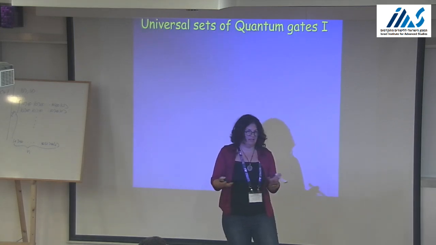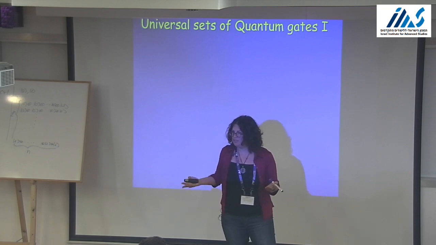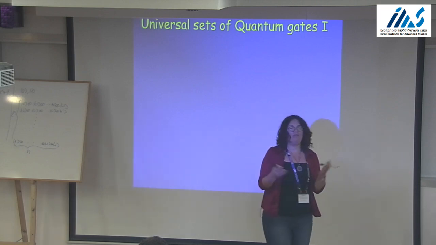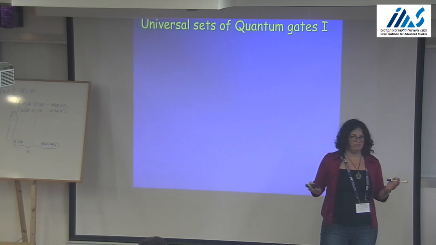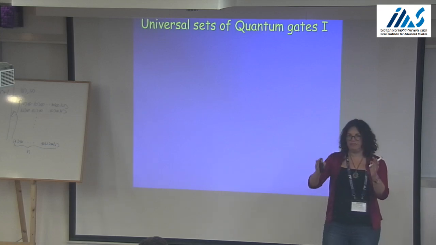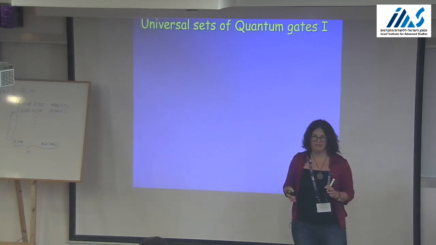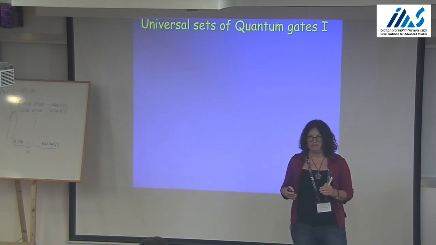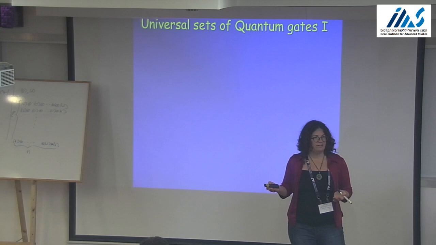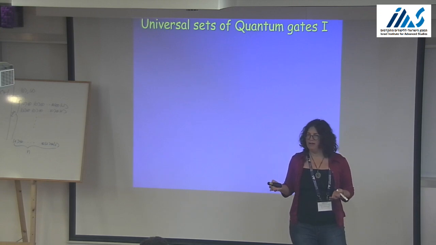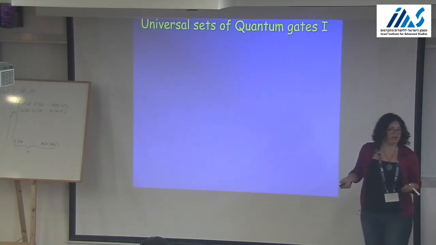Is Hadamard alone enough to design quantum computations? If I have a lab that can implement only single qubit gates, any single qubit gate I want on n qubits, is this a quantum computer? No, why? There's no entanglement. The state is always a tensor product.